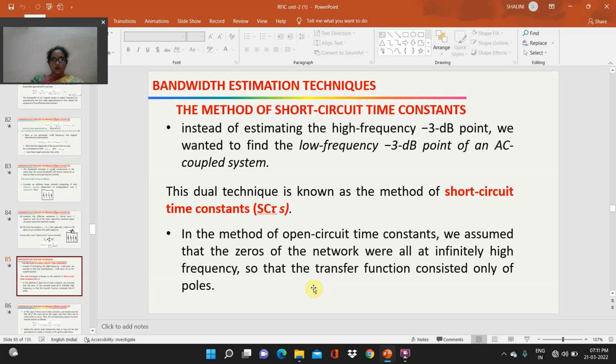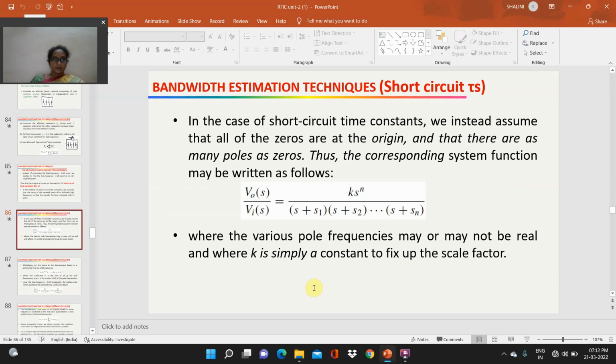In the method of open circuit time constants, we assumed that the zeros of the network were all at infinitely high frequency, so that the transfer function consisted only of poles. In the case of short circuit time constants, we instead assume that all of the zeros are at the origin and that there are as many poles as zeros.